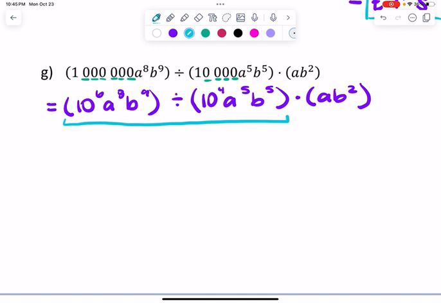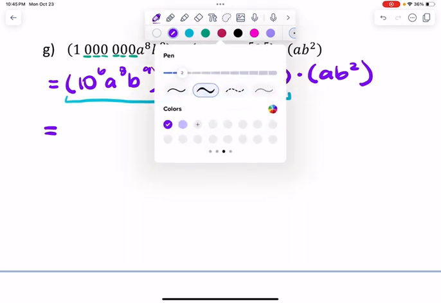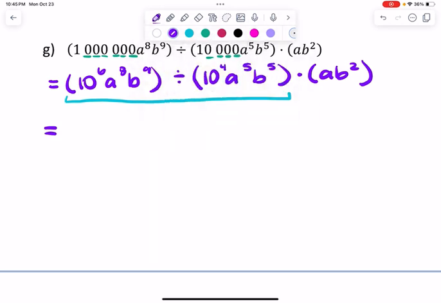Very crucial, very important. When I divide, usually we've seen division as a fraction, but it doesn't matter what it looks like. When I divide powers with the same base, I subtract their exponents. So when I do that, I get 10 to the power of 6 minus 4, which is 2. A to the power of 8 minus 5, which is 3.